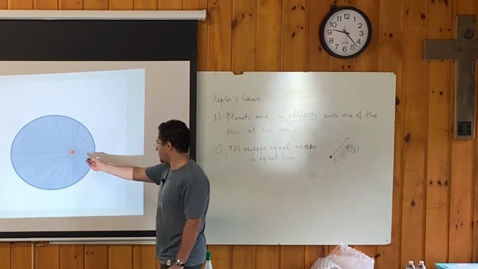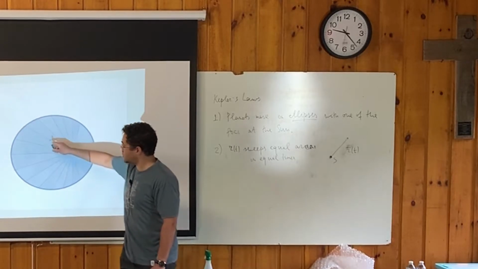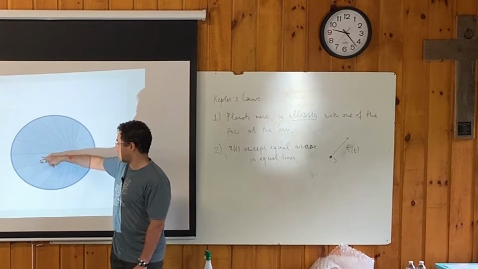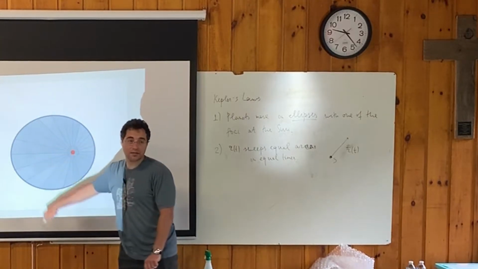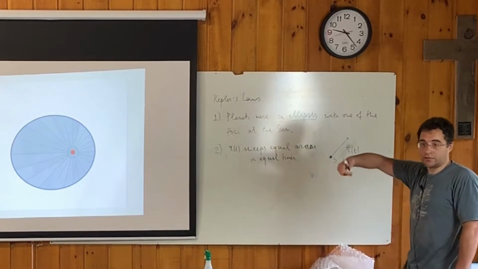So again, it will necessarily be faster when it's closer to the sun and slower when it's farther. If I draw this sector so that the areas are the same, then they will be traversed in equal times.